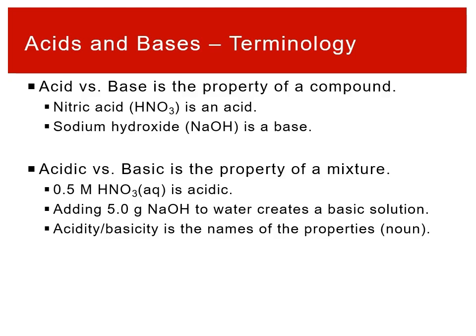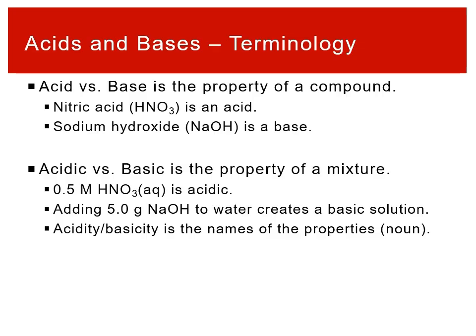So it is worthwhile to talk a little bit about some of the language surrounding this. Acid and base is the description of a compound. So nitric acid is an acid. Sodium hydroxide is a base. So that is a property of a compound we have to be talking about.